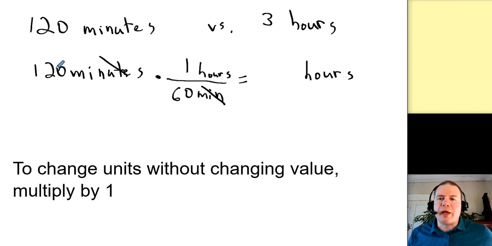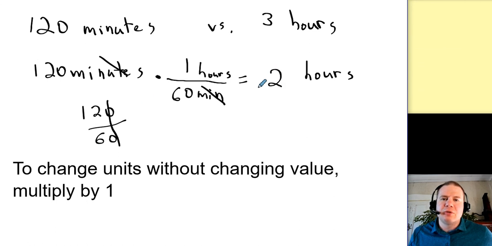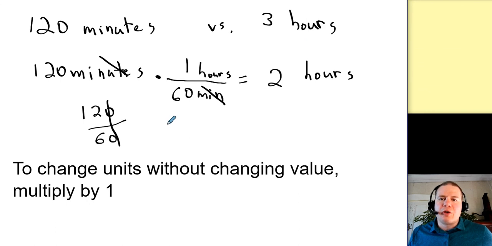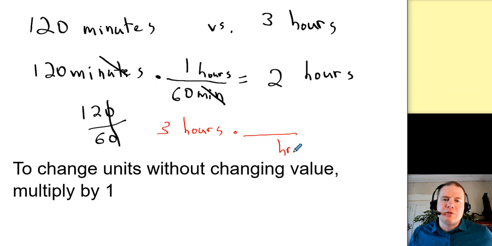So there we go. So I have 120 minutes divided by 60 minutes. Minutes cancels, 10 cancels, 6 cancels, 12 divided by 6 is 2, and I'm left with hours. Right? I'm using multiplication, 120 times 1/60th, to change my units. For the other movie, we're going to go the other way. 3 hours times, now I want the hours to cancel, and I want to be left with minutes.